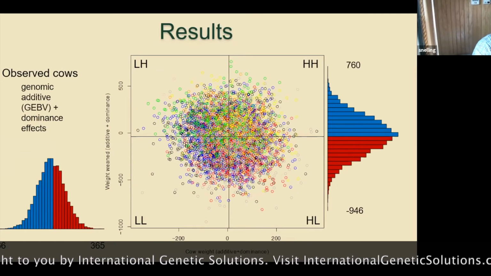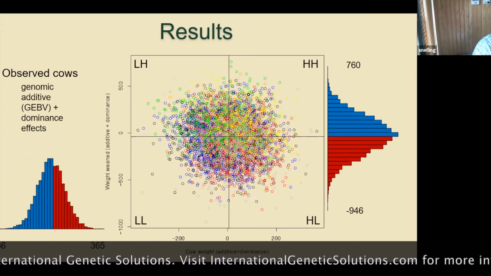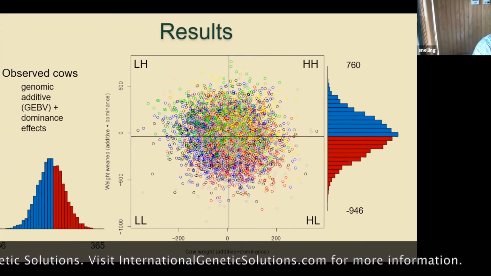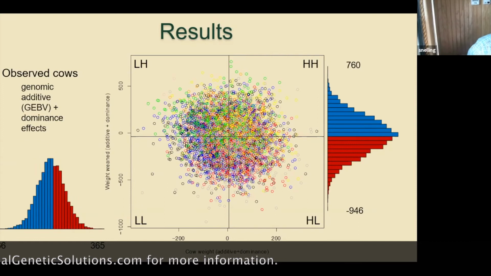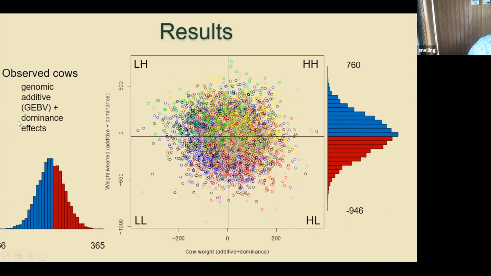And this slide shows the distribution of both the weight weaned and cow weight predictions, the sum of their additive effect and dominance effect for each cow.